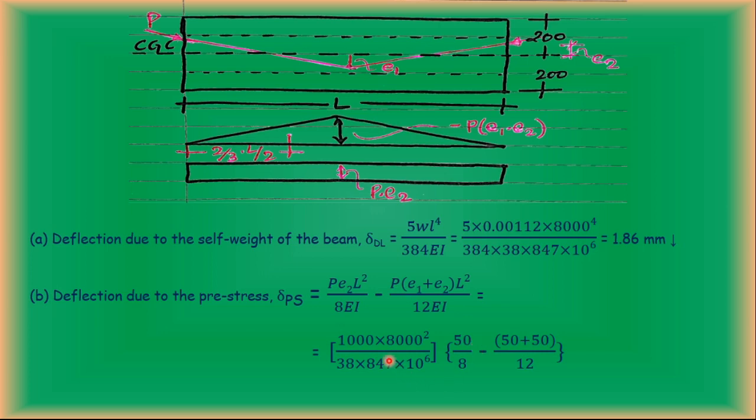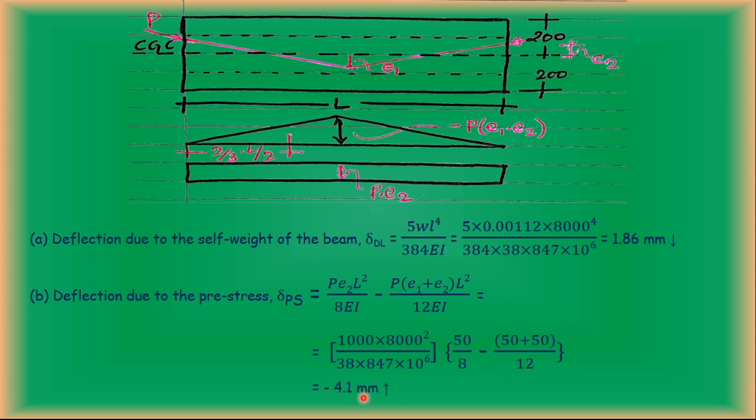Substituting the values, we take PL square by EI common from both the conditions. In the bracket remains E2 divided by 8 minus E1 plus E2 divided by 12.